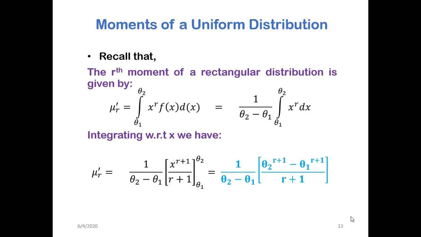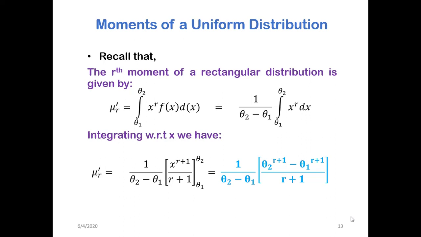Instead of f of x, we can substitute the value of this function, which is either k or 1 over θ2 minus θ1. So upon substitution, we have on the right hand side 1 over θ2 minus θ1 times the integral from θ1 to θ2 of x to the r dx.